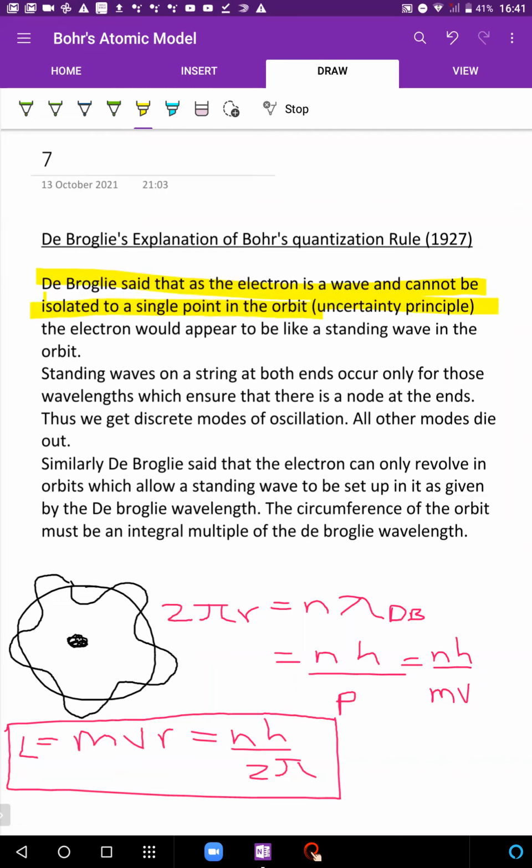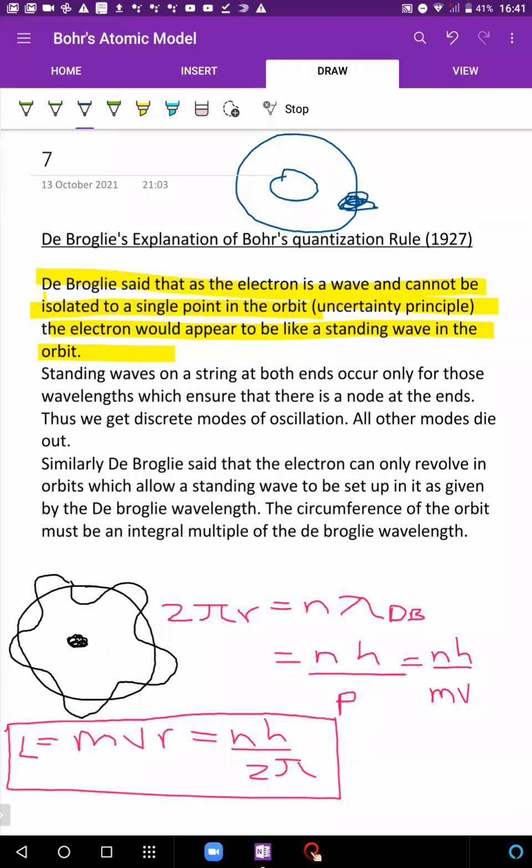The electron would rather appear to be like a standing wave in the orbit. Even the model of visualizing the electron as a particular particle at a particular point of time moving through the orbit is a violation of Heisenberg's uncertainty principle.